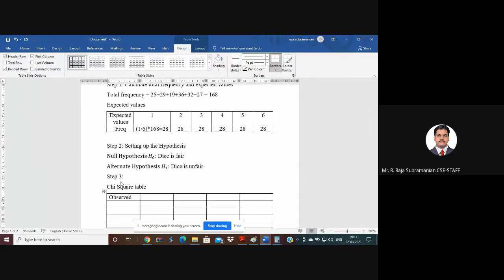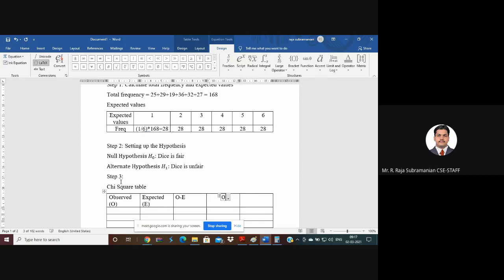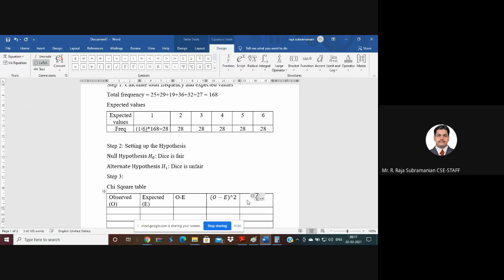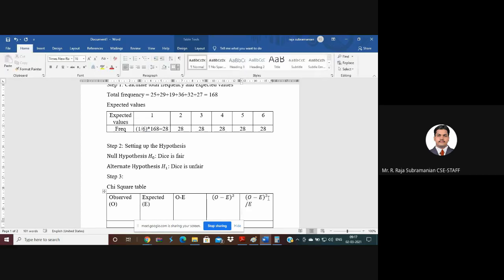This first one is observed, denoted as O, and this is expected, denoted as E, and this is O minus E, then O minus E the whole squared, and next, O minus E the whole squared divided by E.